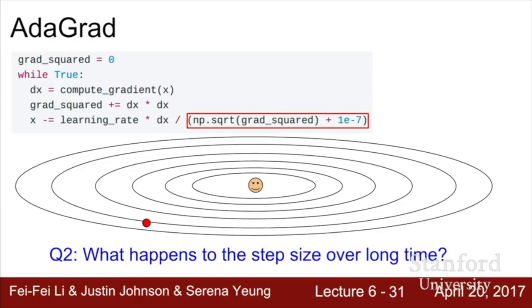So this estimate grows monotonically over the course of training, and this causes our step size to get smaller and smaller over time. Again, in the convex case, there's some really nice theory showing that this is actually good, because as you approach a minimum, you want to slow down so you actually converge. So that's a feature in the convex case.